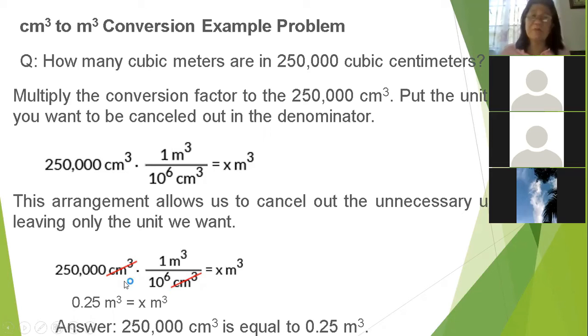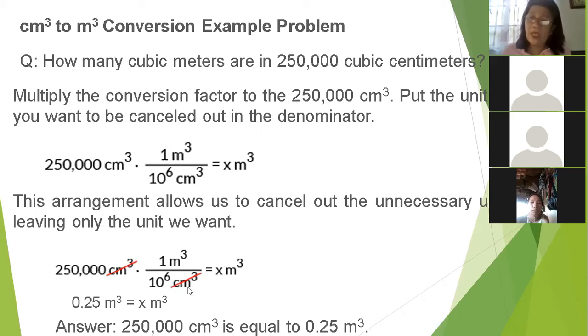Then place there your cubic centimeter. Then you have here your multiplier or your conversion factor. Your conversion factor here is 1 cubic meter is equivalent to 10 to the 6 cubic centimeters.